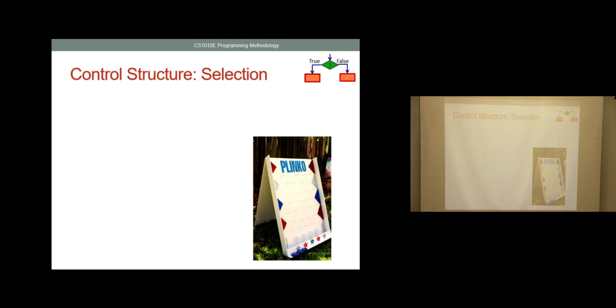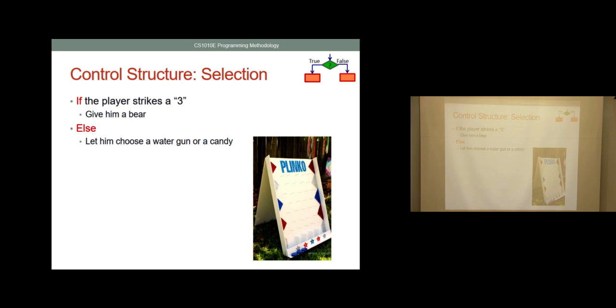Selection. Selection means, remember playing the game booth? How do we make selections? We ask if the player strikes 3, I give him a bear. Otherwise, I may give him a water gun or candy. That is a selection. And the selection always has a condition.